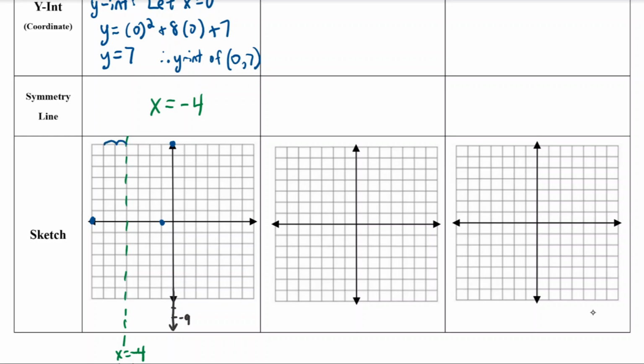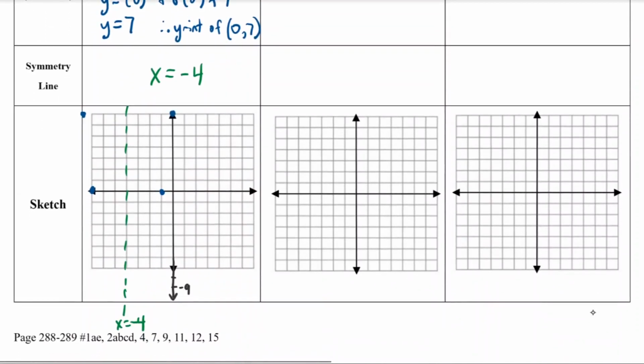I can now go 1, 2, 3, 4 to the left of my axis of symmetry to get the other value. So you can see all this, and don't forget to also label your vertex, which is at (-4, -9). So right here, and label that. All right, so we can now try our best to sketch the parabola.